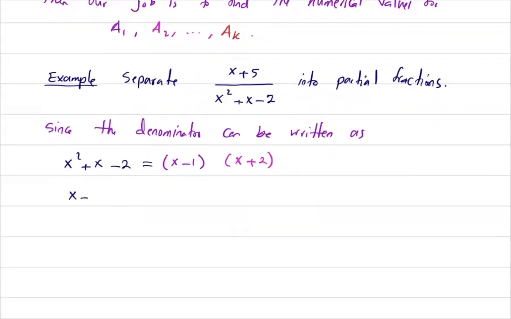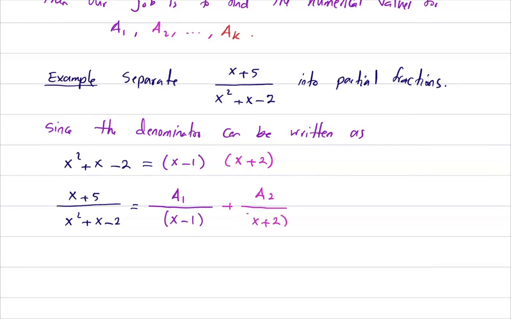x plus 5 divided by x squared plus x minus 2 can be written as two fractions. The very first fraction has an unknown on its numerator, which is a sub 1, and on the denominator you have x minus 1, plus the second fraction that has an unknown number on its numerator divided by x plus 2.